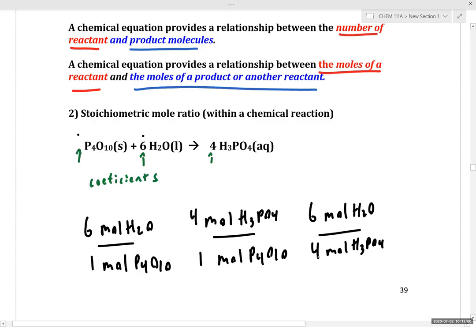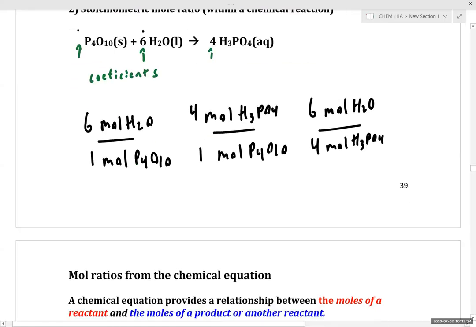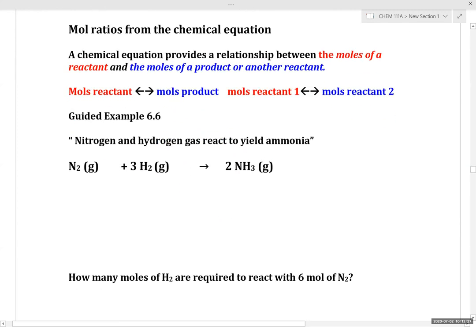Wonderful. So we can write out a range of mole-to-mole ratios by reading off our reaction coefficients. From this, we can apply our skill of mole-to-mole conversions from previous chapters in order to convert between moles of a reactant to moles of product and moles of a reactant to the moles of another reactant. Okay, so let's show how we can leverage this.